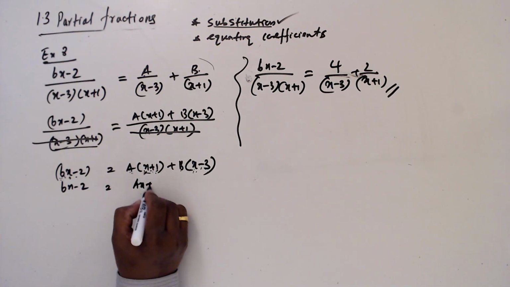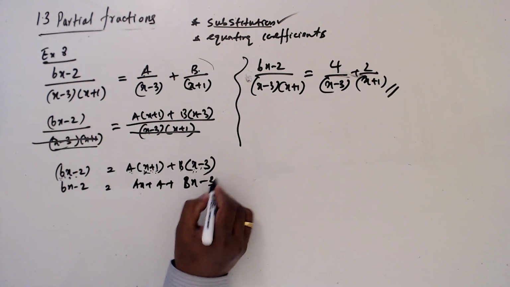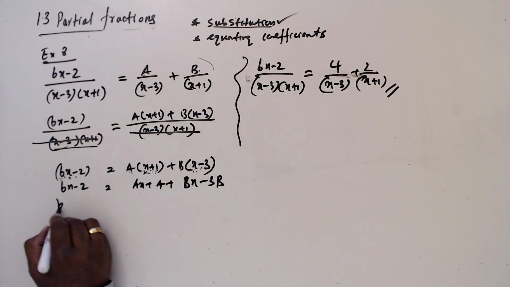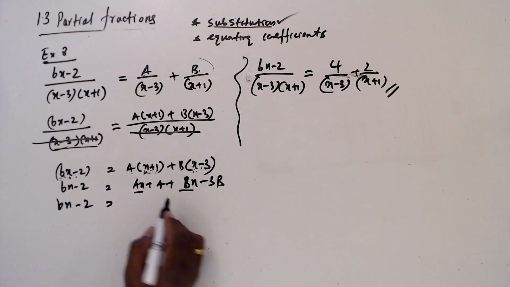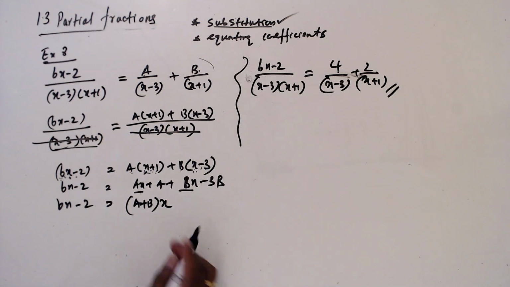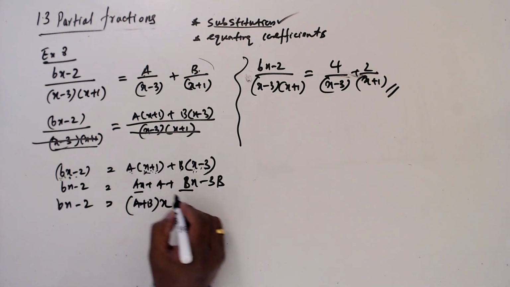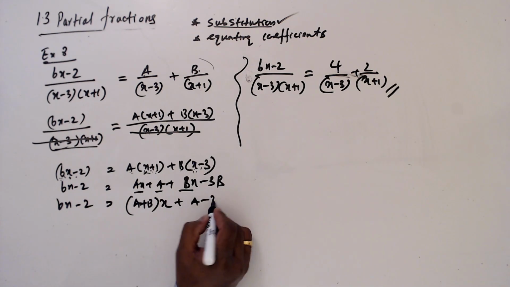I'll expand: ax plus a plus bx minus 3b. So 6x minus 2. Now I'll bring these two together. Can I write a plus b times x, because I put those two together? And this is plus a constant, a minus 3b.